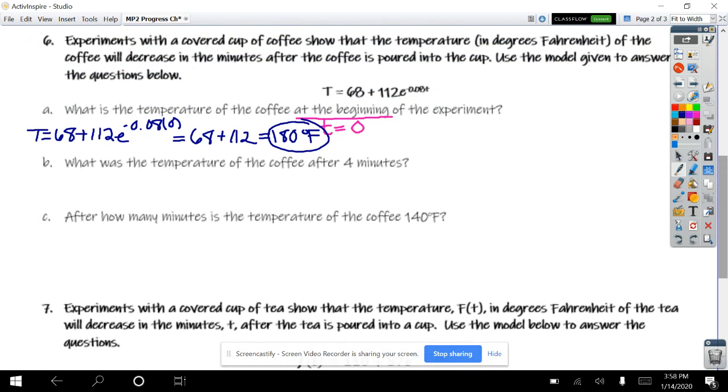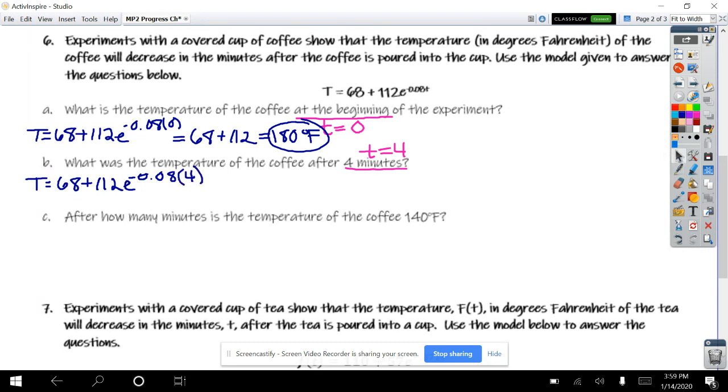All right, this next one is asking what was the temperature after 4 minutes. Well, that's asking us to look at when t equals 4. So this time it's going to be a little more work because we have to put it in the calculator. We're going to plug in t equals 68 plus 112 e to the negative 0.08 times 4.